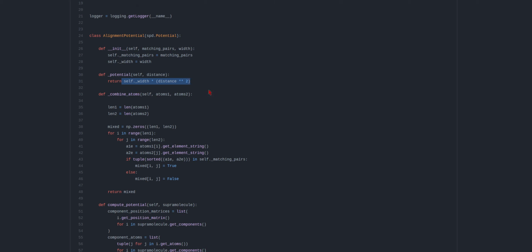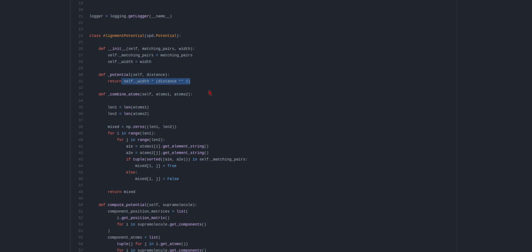And all this does is define the potential based on a parabolic cost for how far two atoms are apart from each other. And the two atoms of interest are the nearest pair of two set element types.